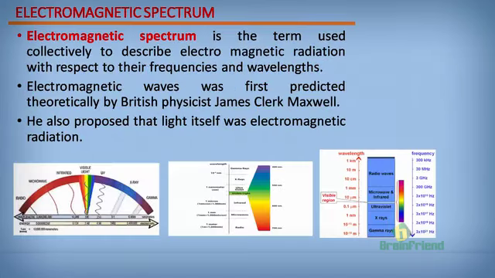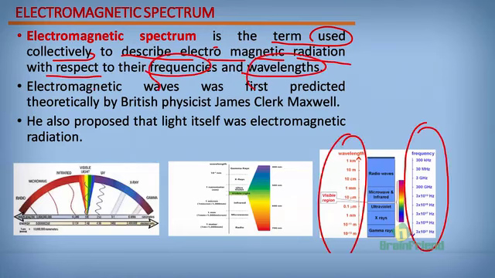Electromagnetic spectrum. What is the electromagnetic spectrum? The electromagnetic spectrum is the term used to collectively describe the electromagnetic radiation with respect to their frequencies and wavelengths.